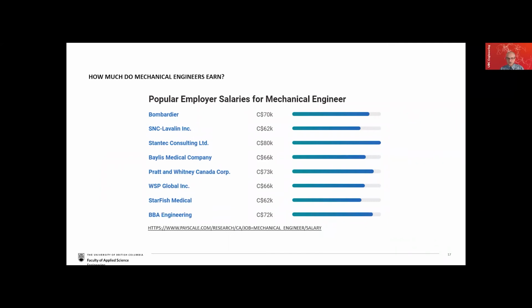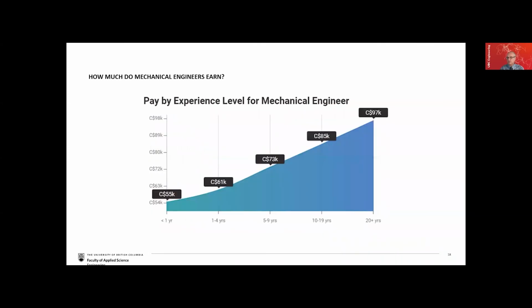There are several selected employers on this list showing you the range of salaries, but more importantly, the progression of these salaries over the years of your employment. All in all, after 5 to 10 years of your employment, you should expect receiving anywhere from $70,000 to $80,000 a year.